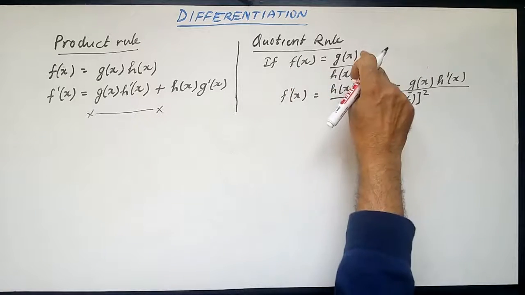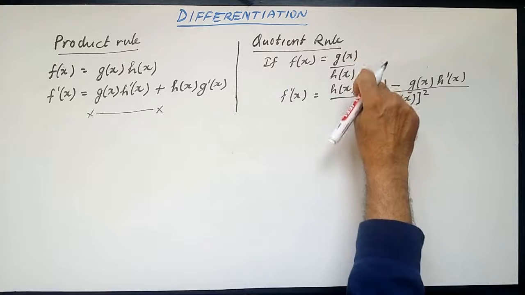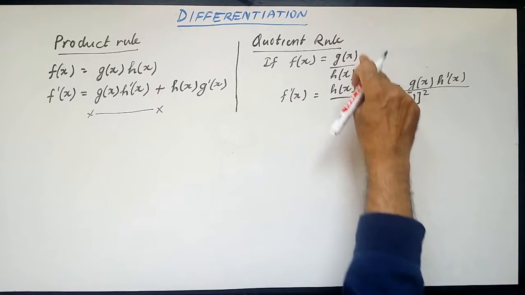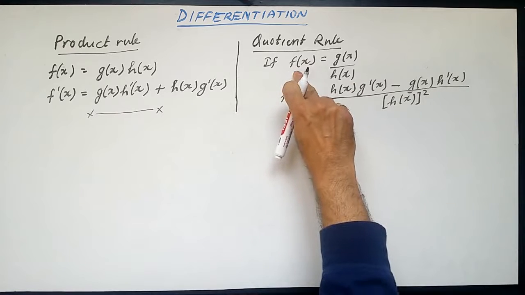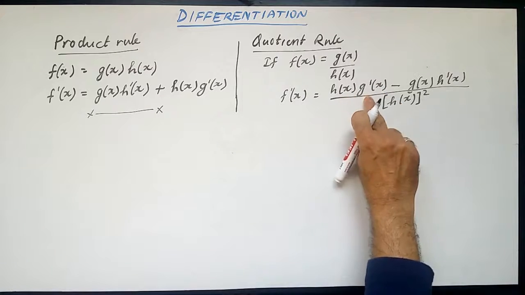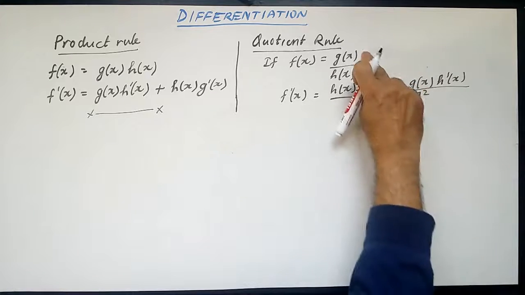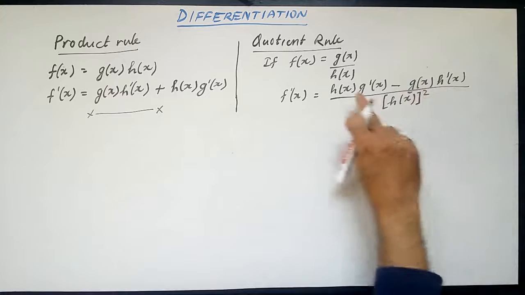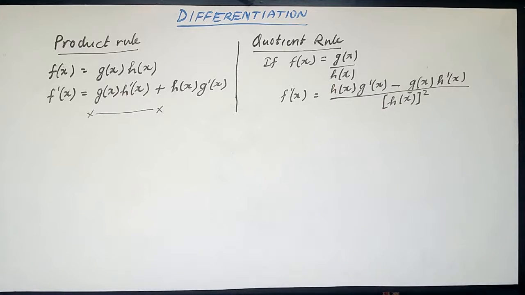If there is a function f(x) which is a division of two functions, g(x) and h(x), that means f(x) equals g(x) divided by h(x), where this is the numerator and this is the denominator, the rule says that the differentiation of f(x) is equal to the denominator function multiplied by the differentiation of the numerator function, minus the numerator multiplied by the differentiation of the denominator, upon the denominator squared. Let's see some examples to make these two rules clear.